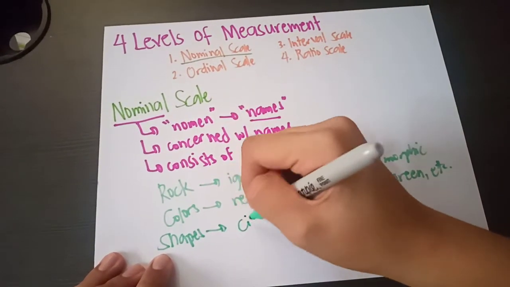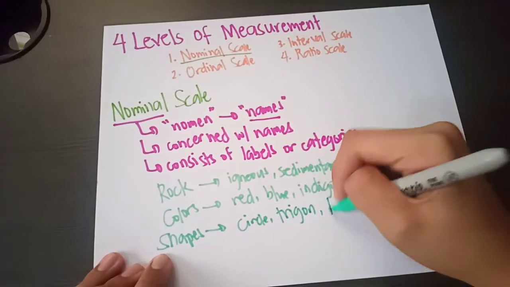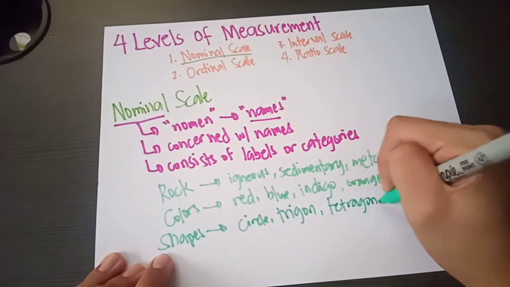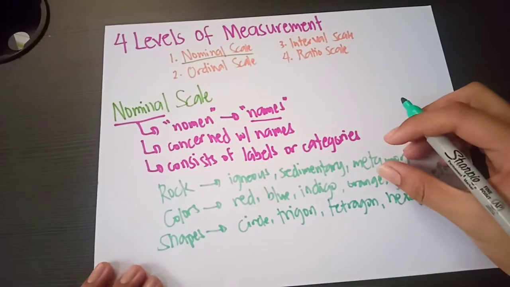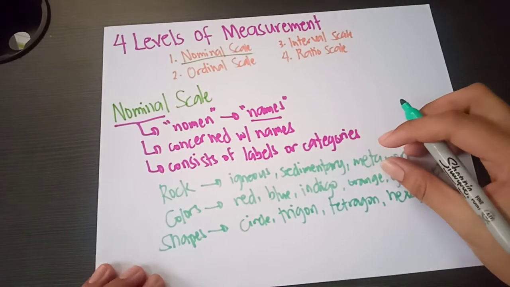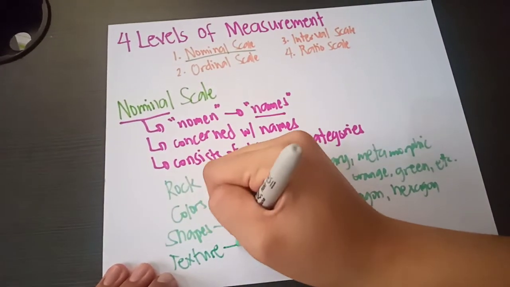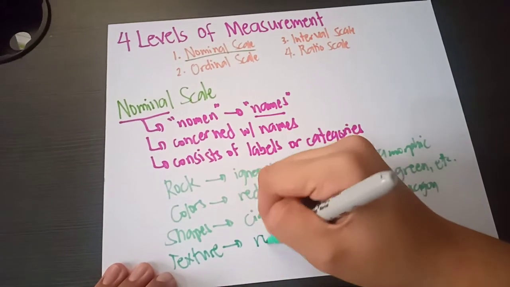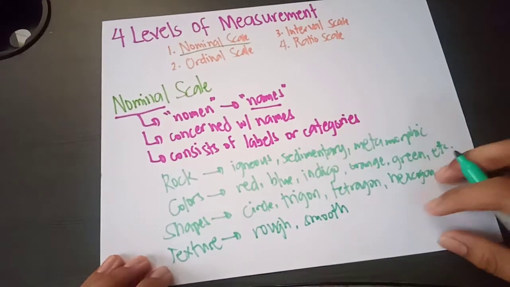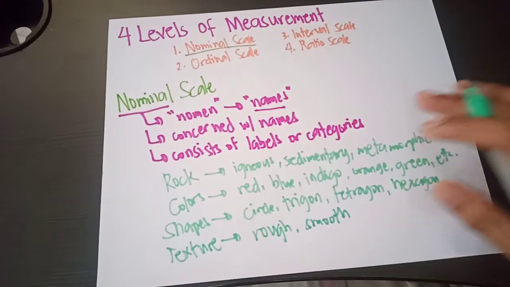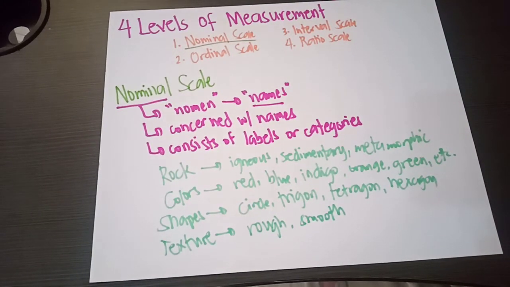Let's say we have circle, triangle, tetragon, and other polygons like hexagon, etc. Then we have, let's say, the variable texture. Texture can be rough or smooth. So these are some examples of variables under nominal scale.